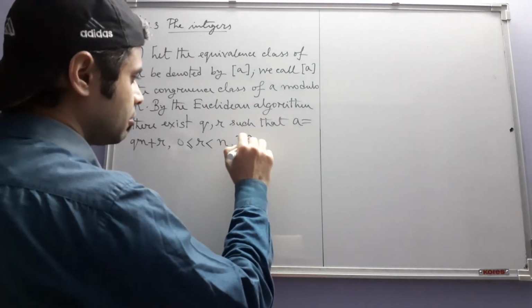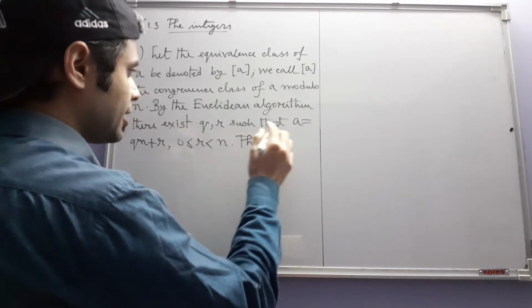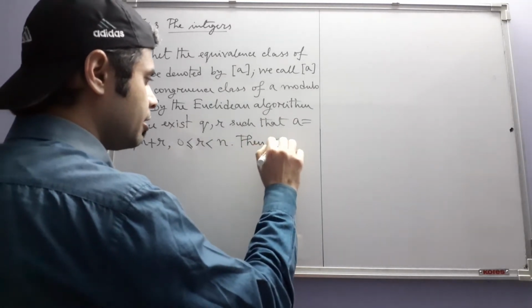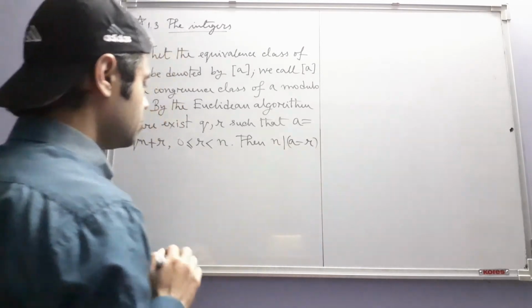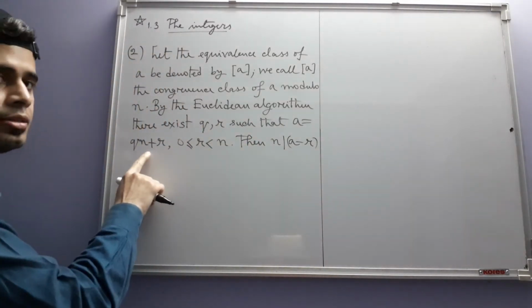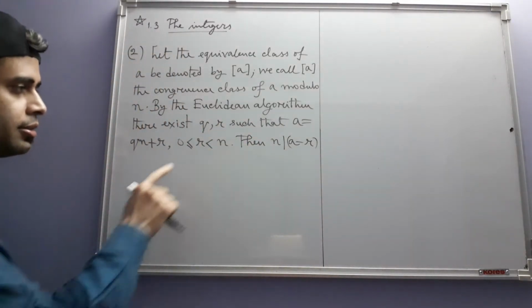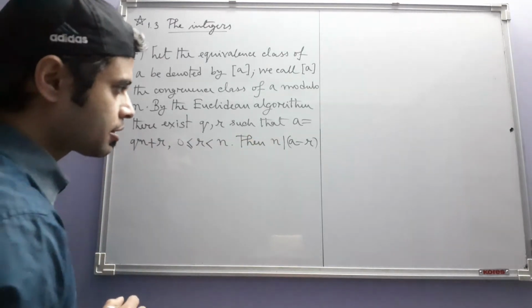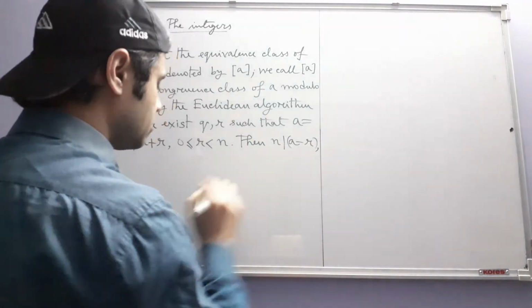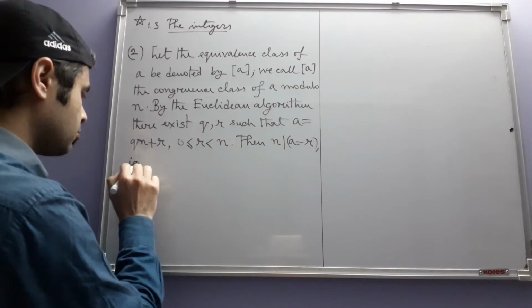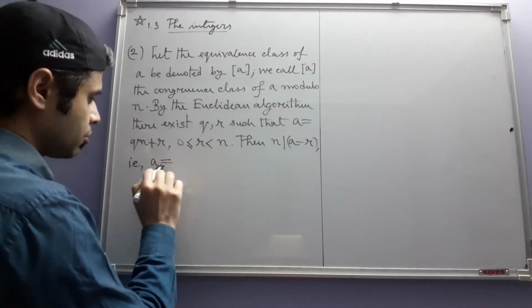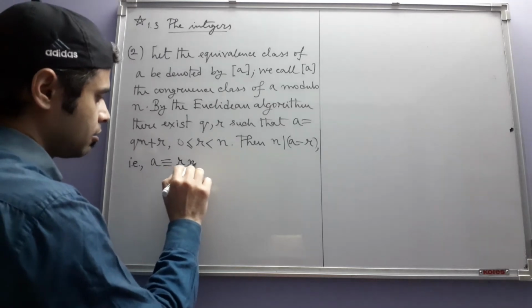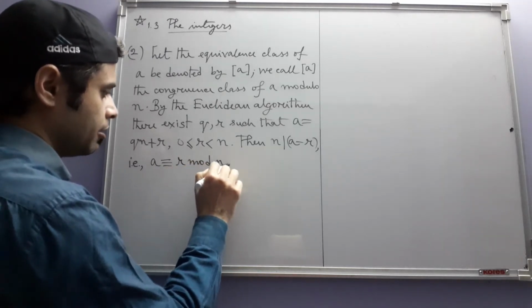Then you can see that n divides a minus r, because a minus r is qn and q is an integer. So n divides a minus r. That is, a is congruent to r mod n.